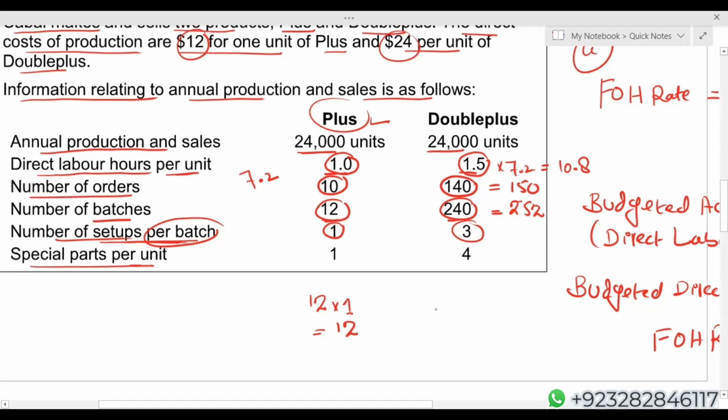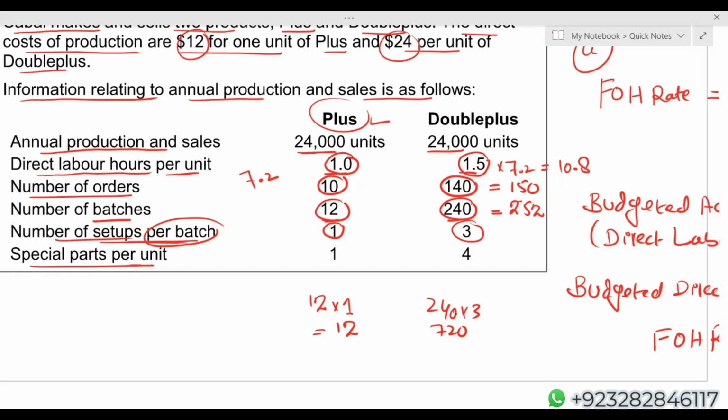We have 240. 240 multiplied by 3, I'm getting 720. This gives you the total number of setups required for double plus, 720.